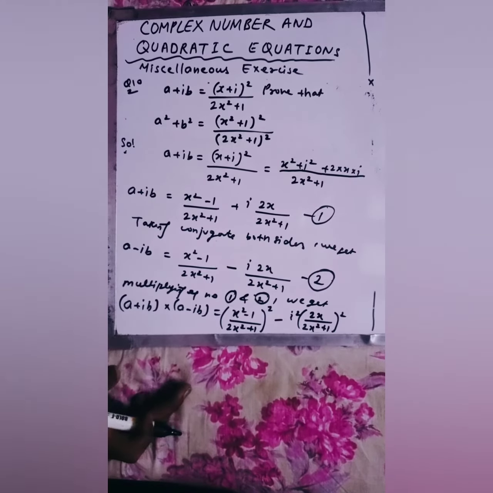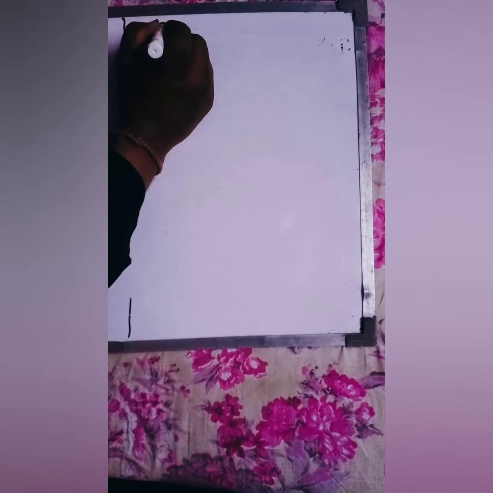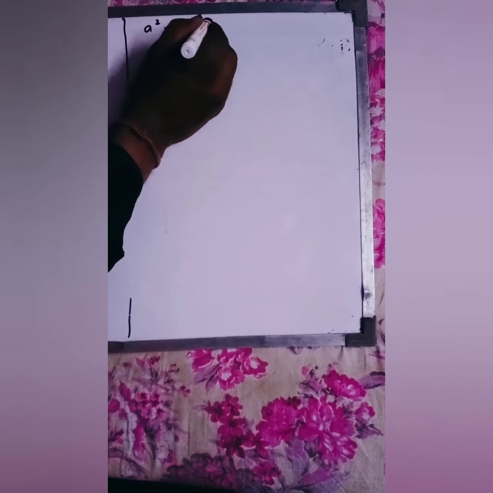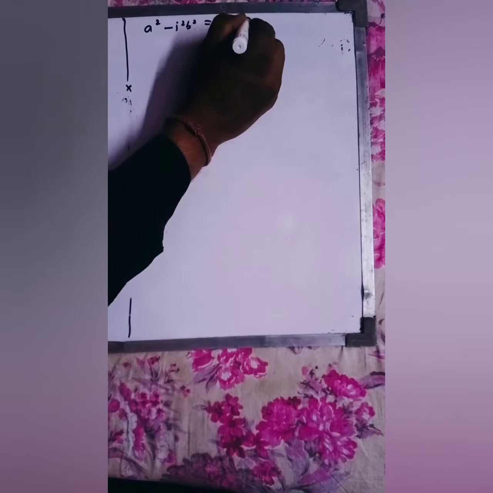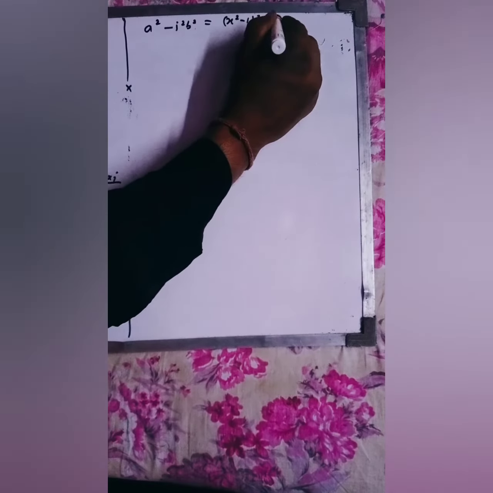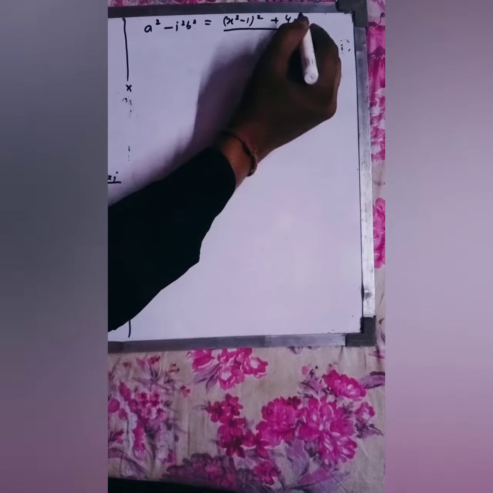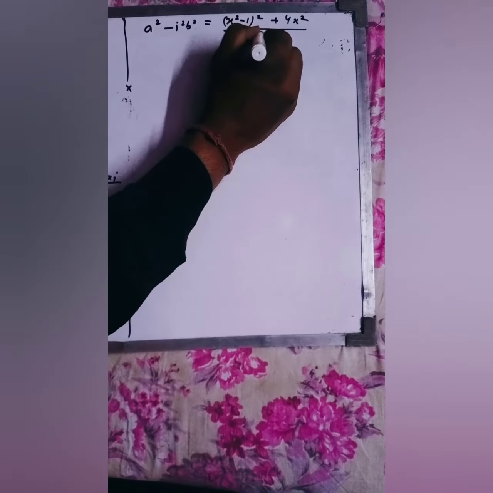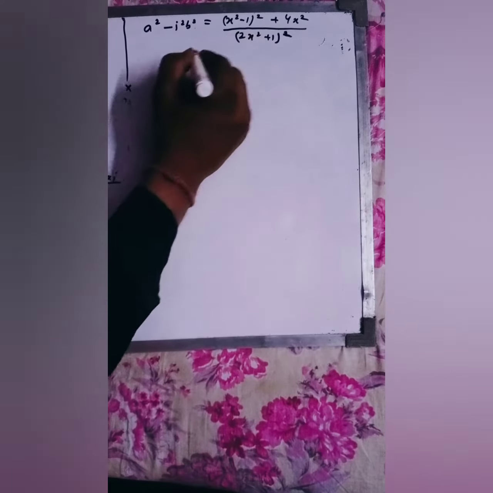So after this step, what you have to do? This can be written as a square minus iota square b square, that is equal to (x square minus 1) whole square plus 4x square, over (2x square plus 1) whole square you will get.